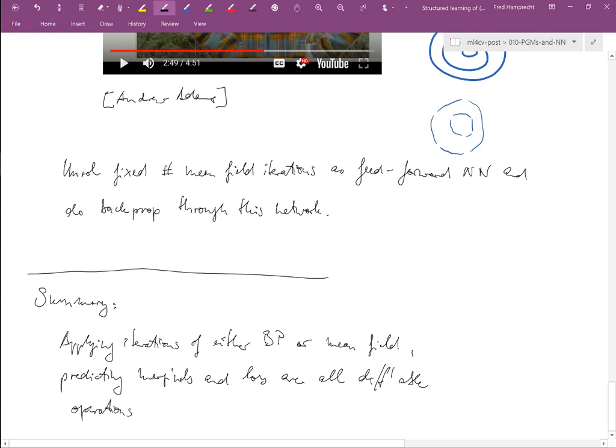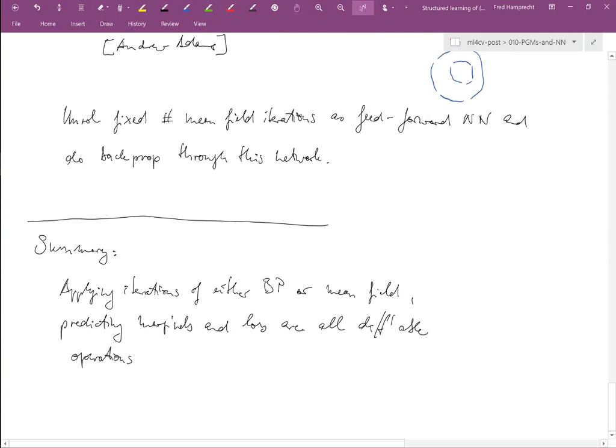So that we can, in principle, just use automatic differentiation to do backpropagation through that. And this is now a quote from the Justin Domke paper that I've referenced above.